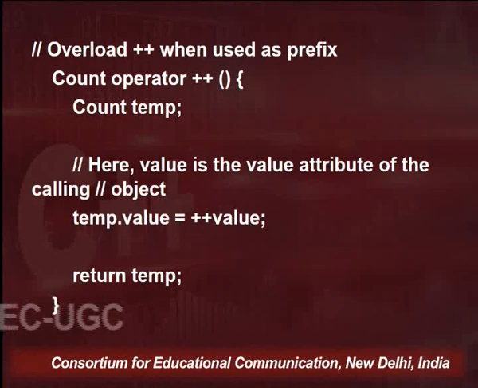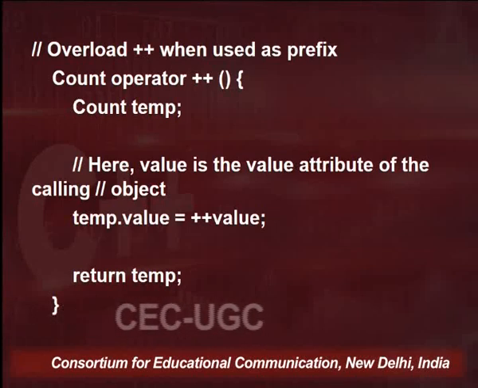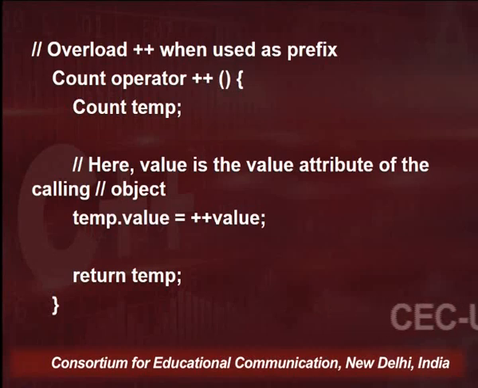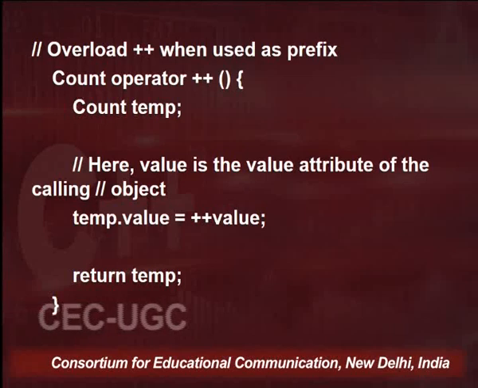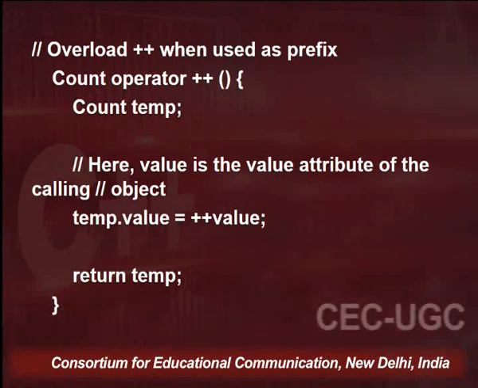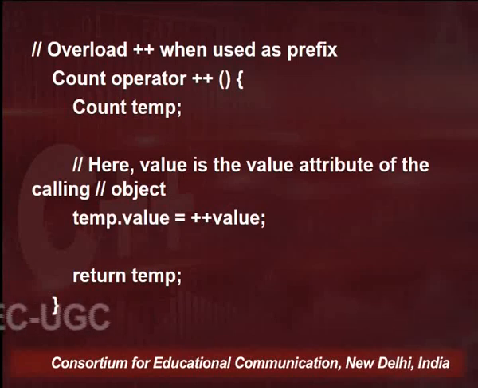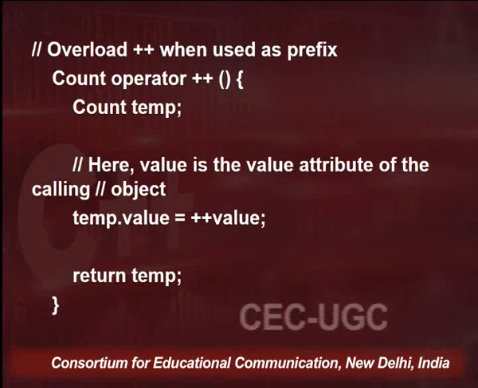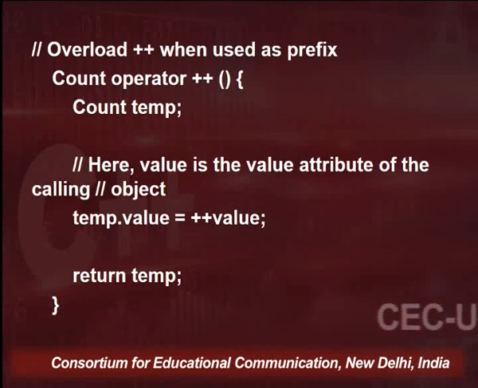For the prefix version, I will say count operator plus plus. Please notice that within the code I have taken count temp, one more object of the class, as a temporary object, which will be returned to the calling function, the main function.